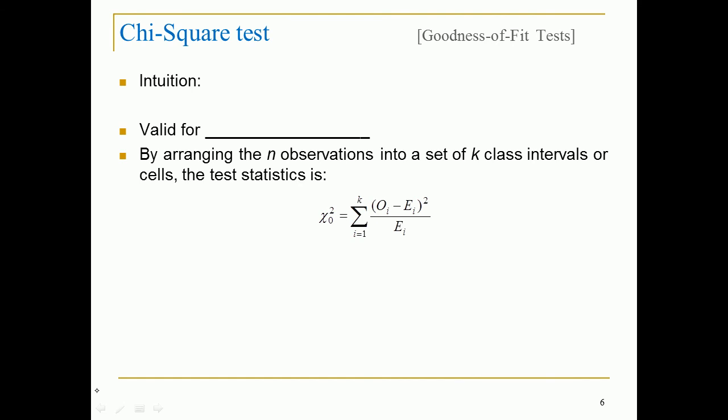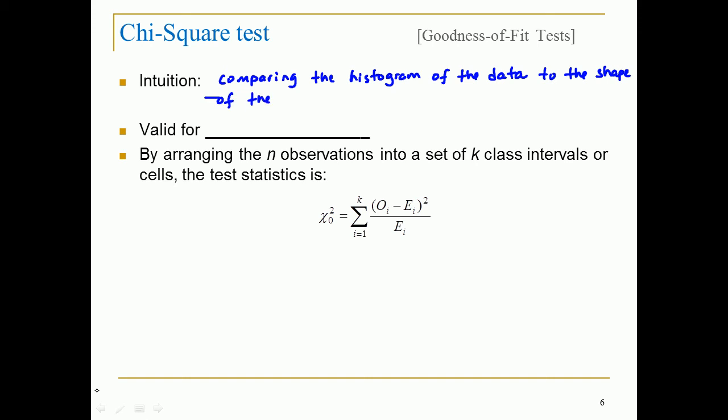So as an intuition, what we're going to be doing with the Chi-square test is comparing the histogram of the data to the shape of the candidate density or mass function.